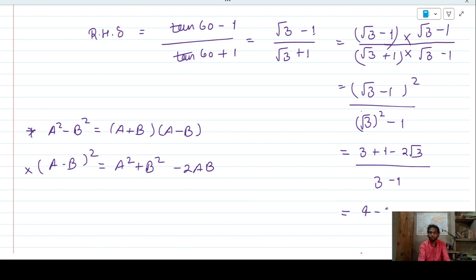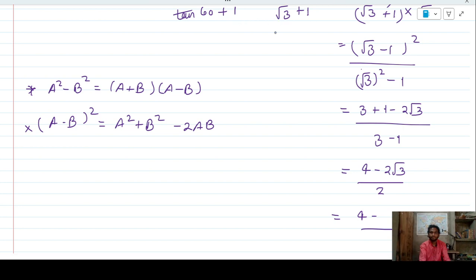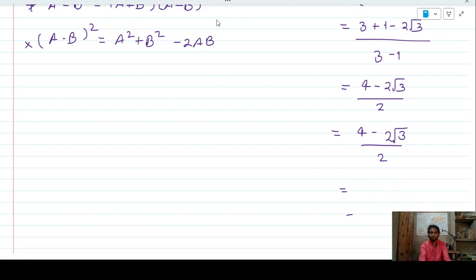4 minus 2 root 3 upon 2, then 2 minus root 3.